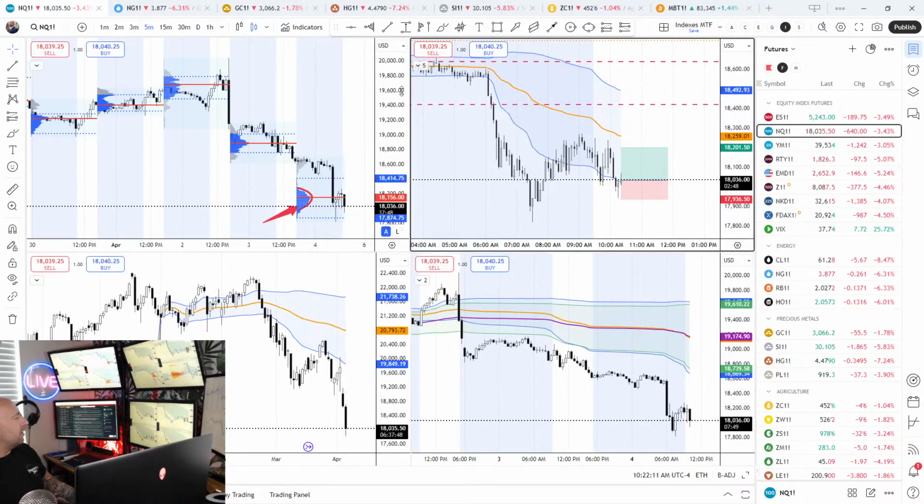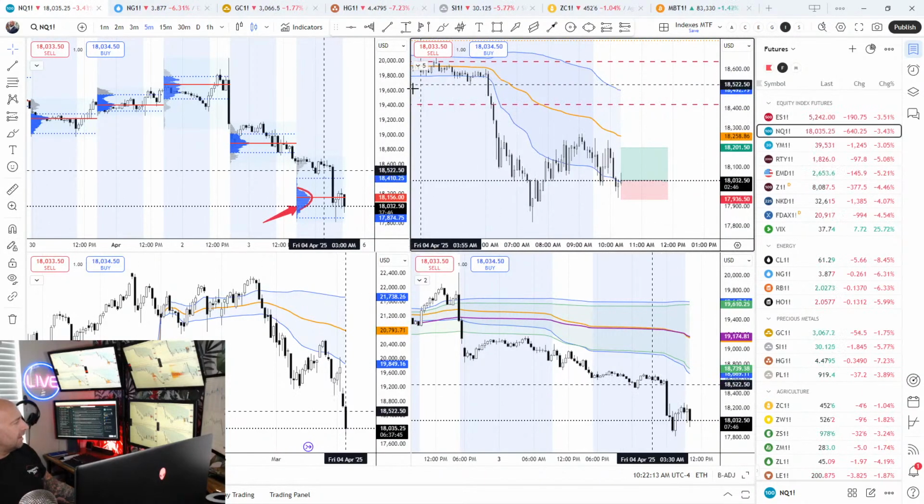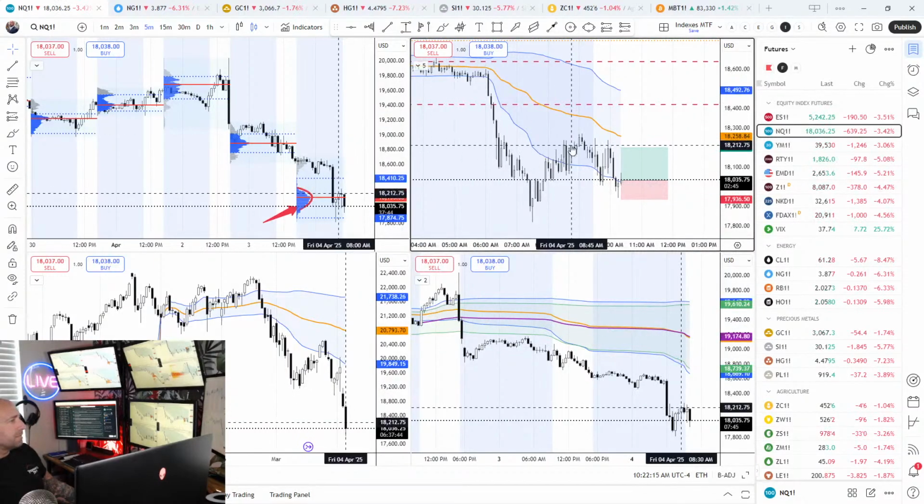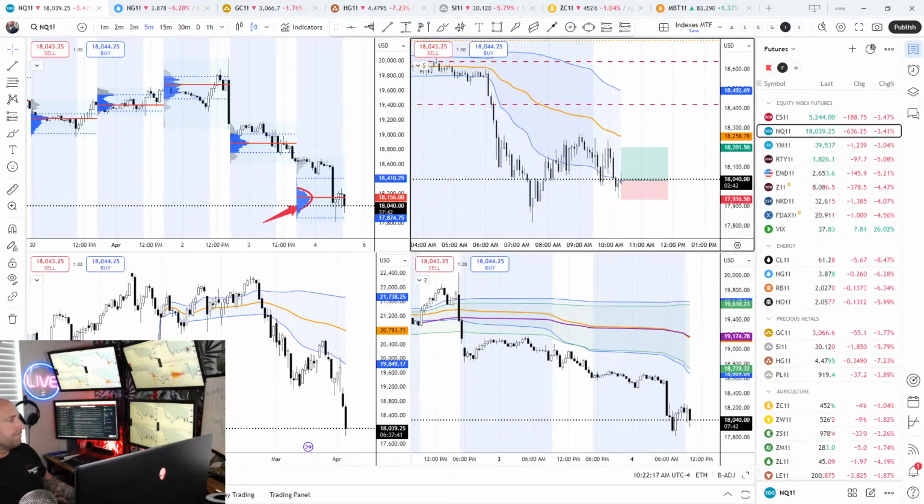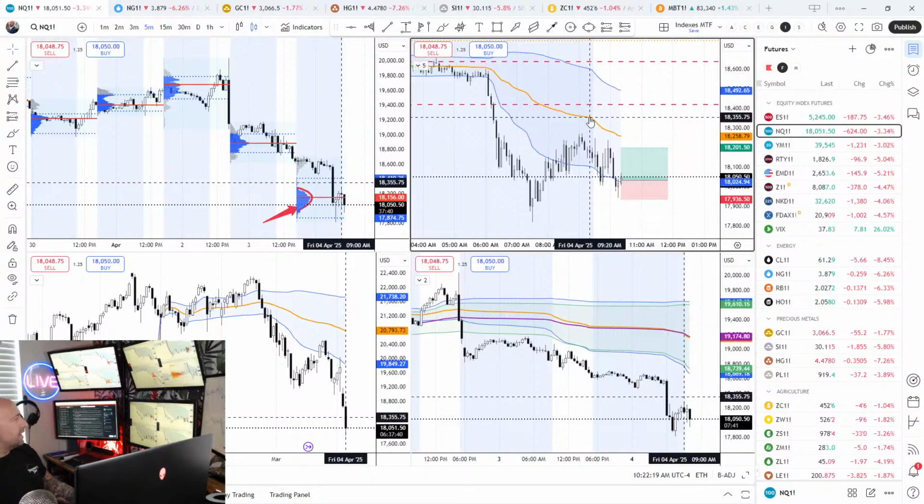Holding outside of value on ES. See if ES gets some strength.